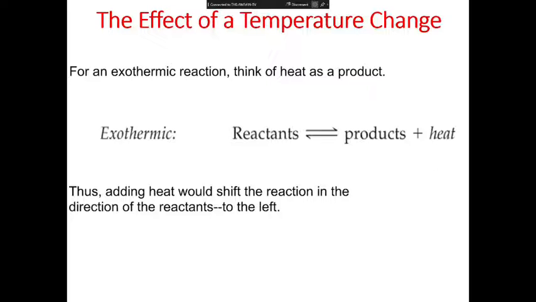For exothermic reactions, adding heat, that would be increasing the temperature. It's almost like increasing the concentration of a product. So increasing the temperature drives that reaction back toward more reactants, to the left.